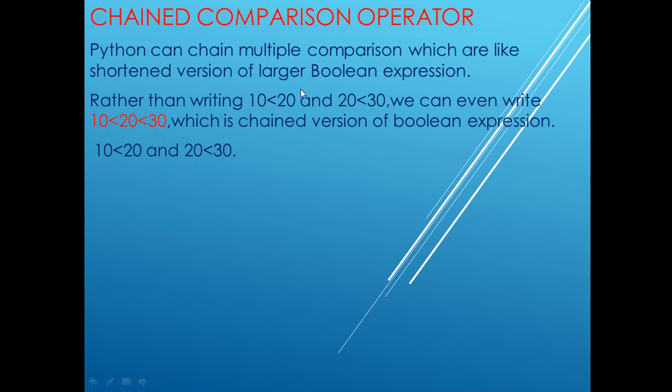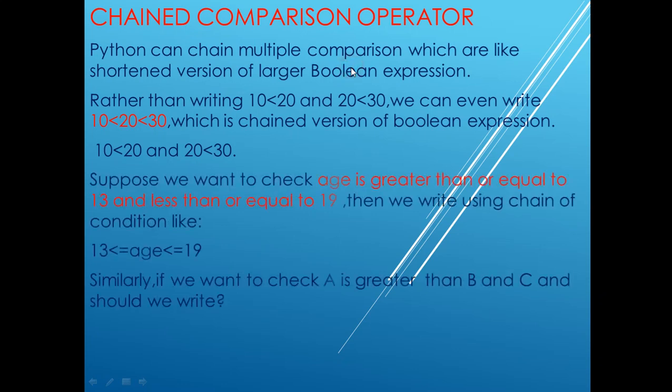Then how will it be performed or how will it be chained? Python can chain multiple comparisons, which are like a shortened version of larger Boolean expressions. The larger Boolean expressions can be shortened with the help of chained comparison operators.